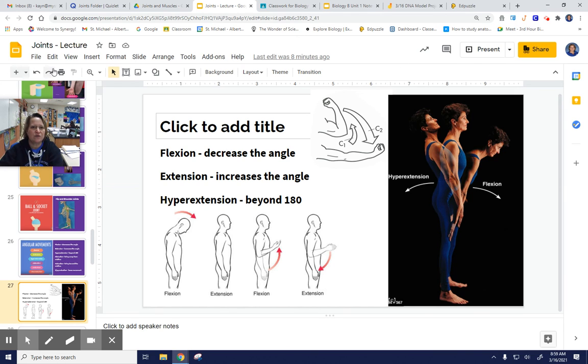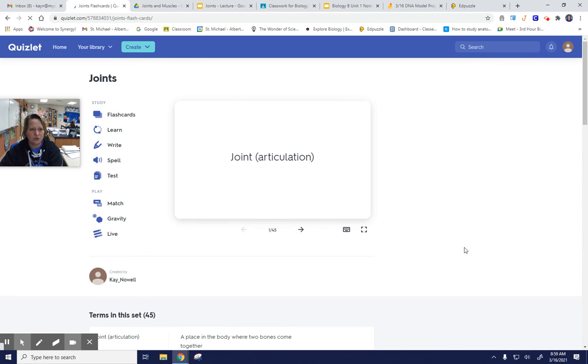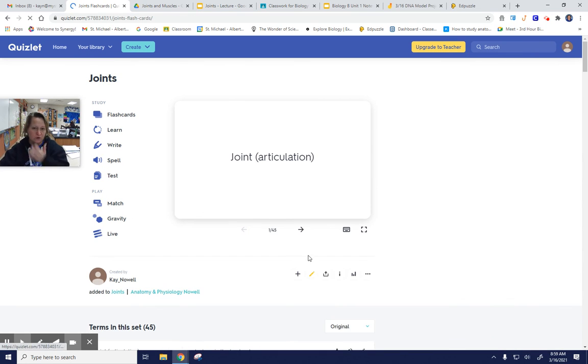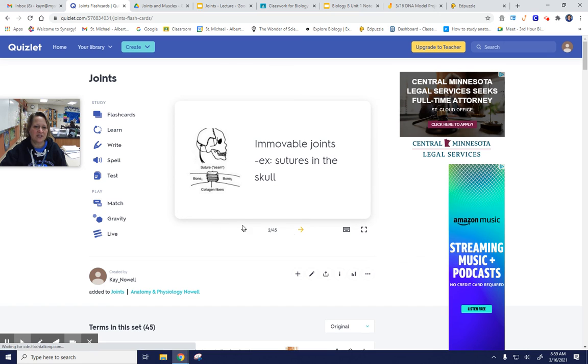The next thing I want to do is show you this Quizlet that I put together. I will share this with you. This is what I want you to work on after the notes today. You can see here, joint. It gives you the examples here.